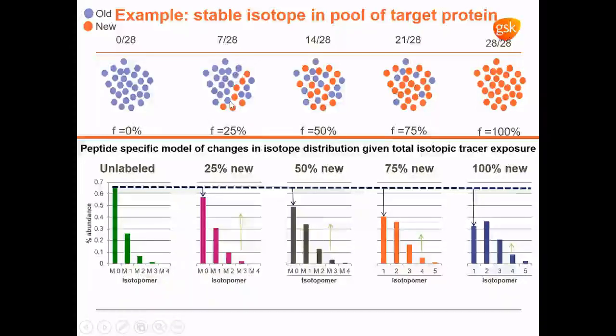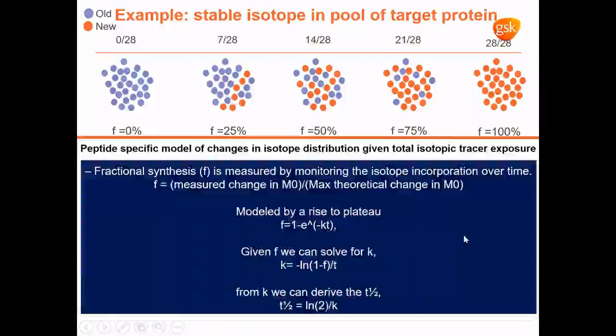When we have, say, 25% new protein produced over a time interval, we should see a loss of M0 and a slight increase in the other heavier mass isotopomers. This change is consistent over the course of synthesis, and it fits a rise-to-plateau model, this fractional synthesis. And so we leverage these relationships.